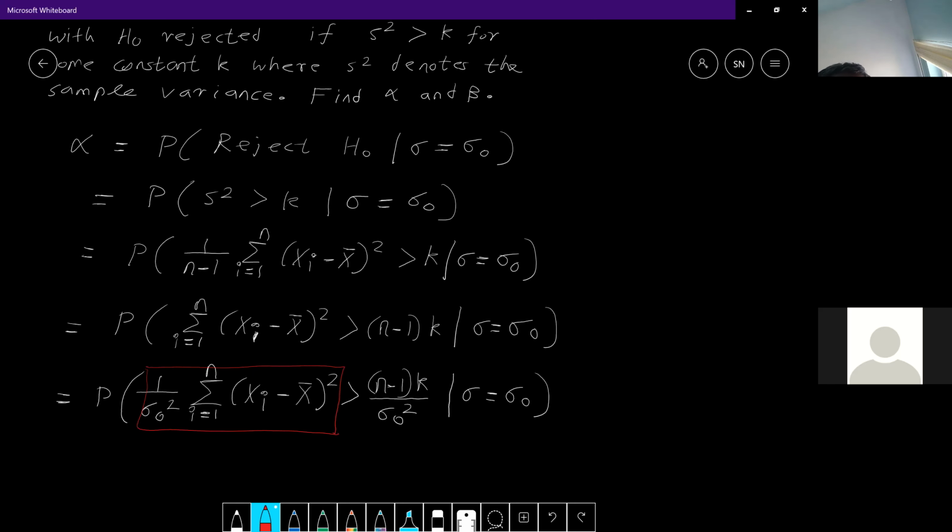Come on, guys, talk to me. You should look at my notes on the chi-square distribution. This guy here, given that sigma equal to sigma 0, must have a chi-square distribution with n minus 1 degrees of freedom.